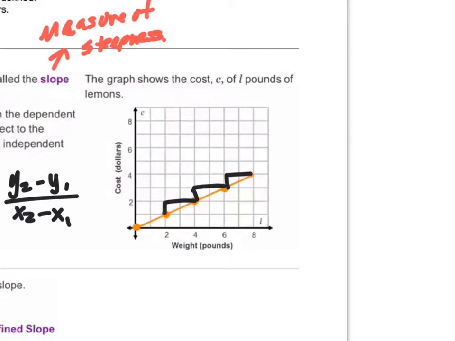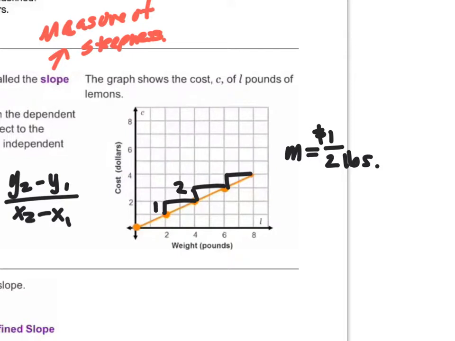So if I find the slope of this line, m is equal to a rise of 1 over a weight of 2 pounds. So $1 for every 2 pounds, which is the cost of the lemons.